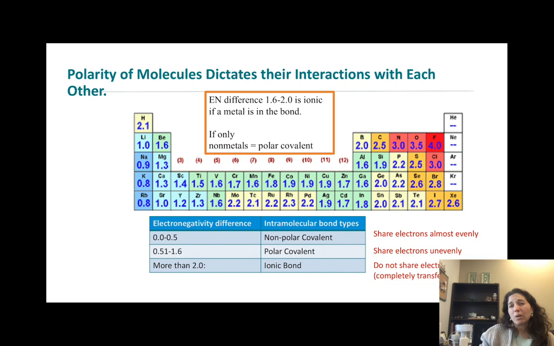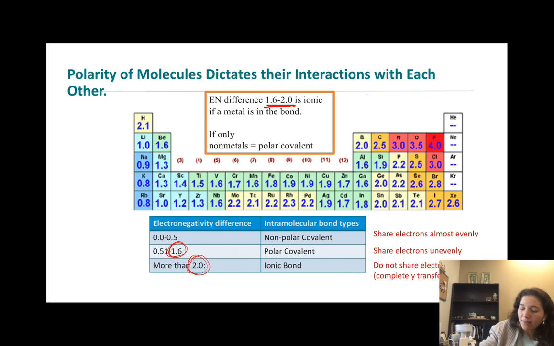Something else that I did want to point out is that, I forgot to mention this. So you see that it says 1.6 and 2.0 here. There's actually a little bit of a difference in between here. So this 1.6 to 2.0 range can be either ionic or molecular. The only way to know here is if a metal is involved in the chemical bond or not.